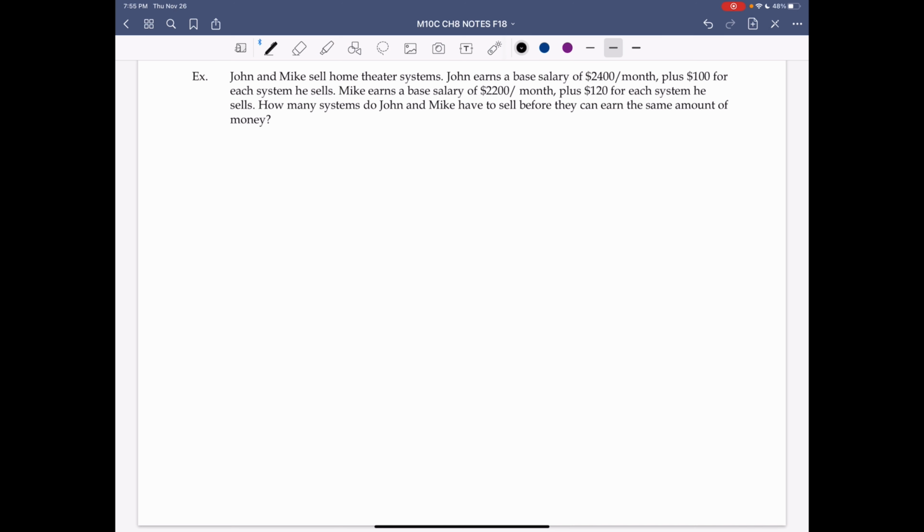So how many systems do they have to sell? That's got to be one of our variables. S equals number of systems sold. And then before they earn the same amount of money, so you could put E for earnings or total earnings.